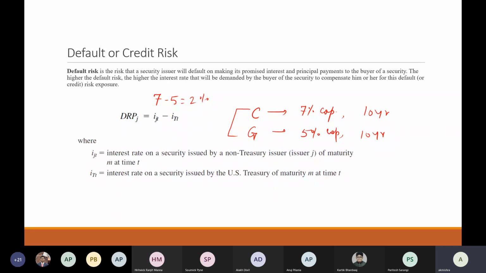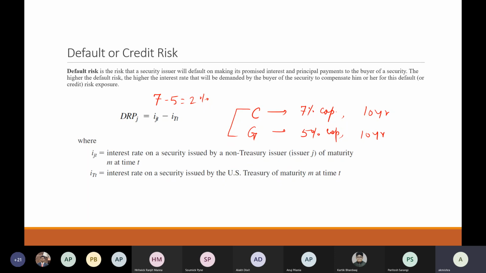Because the probability of default by the government is very minimal, or can be assumed close to zero, the 2% is the default risk premium the company is offering the investor, not for investing in a government security, but for investing in that company. And that's what we define as default or credit risk.